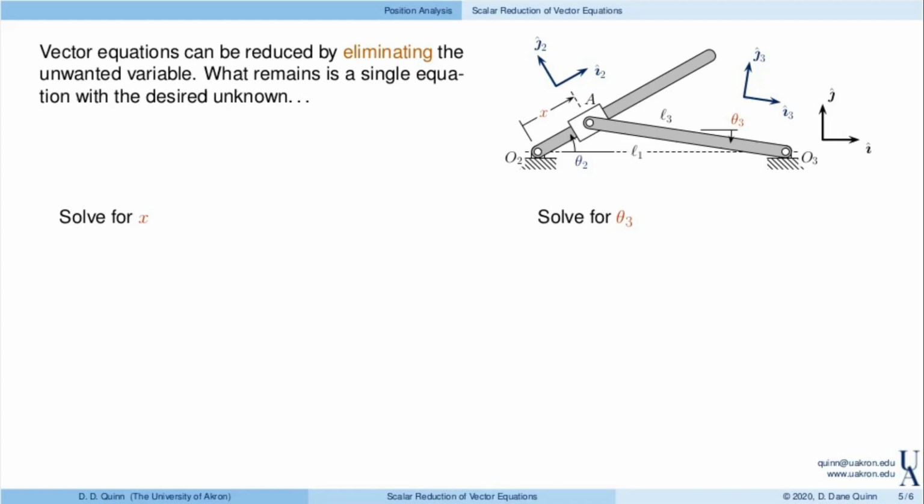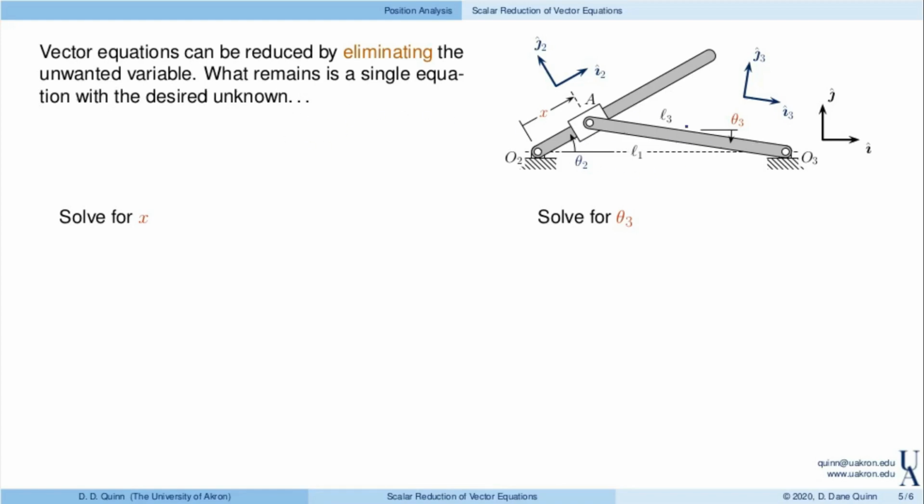It just becomes a much cleaner and less tedious approach. And we do that by directly eliminating the unwanted variable. If I have a vector equation with two unknowns and I eliminate the unwanted variable, whatever's left is a single scalar equation with a single unknown. It's kind of like Sherlock Holmes: if you eliminate everything that you don't want, then what you're left with is the thing that you want.